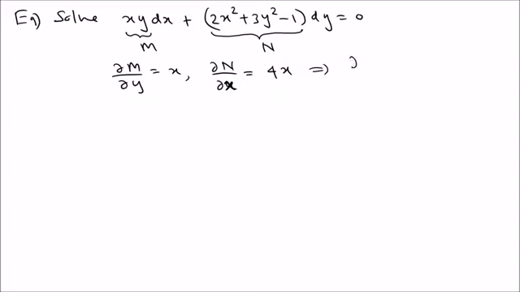So this says that ∂M/∂y is not equal to ∂N/∂x. That means it is not exact.